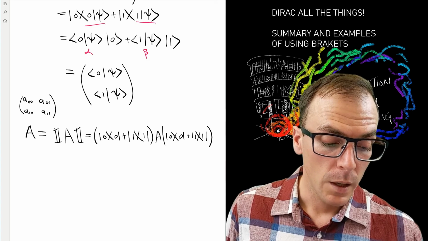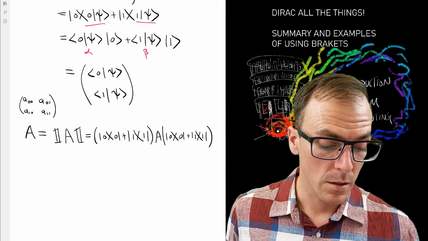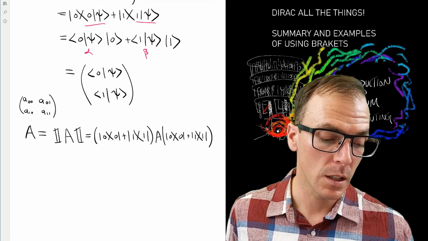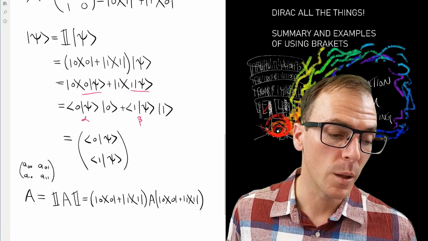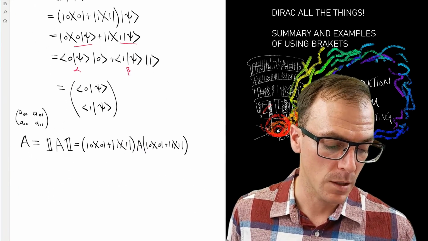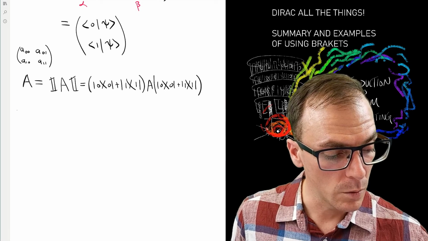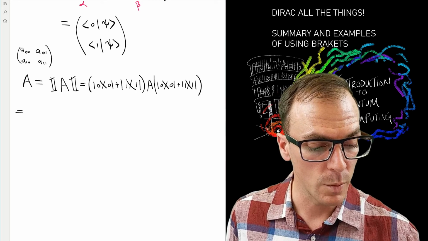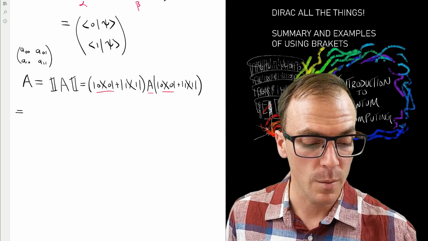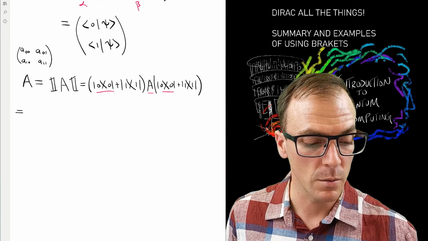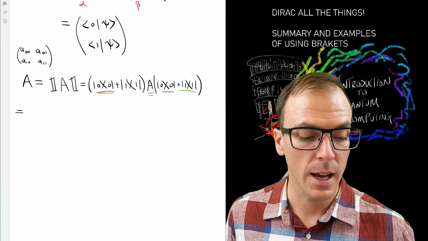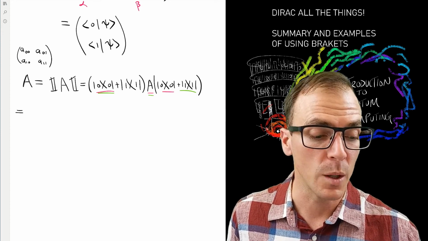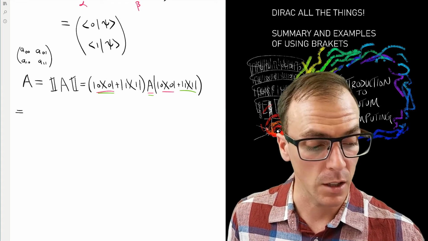Now, again, we only have 4 terms to consider. So the A is kind of being sandwiched between the binomial expansions that we considered before. We can look at the first term, which would be this times A times that. The second term is going to be this times A times that, and so on. So A is going to come with every single term in this binomial expansion. So let's do that calculation.